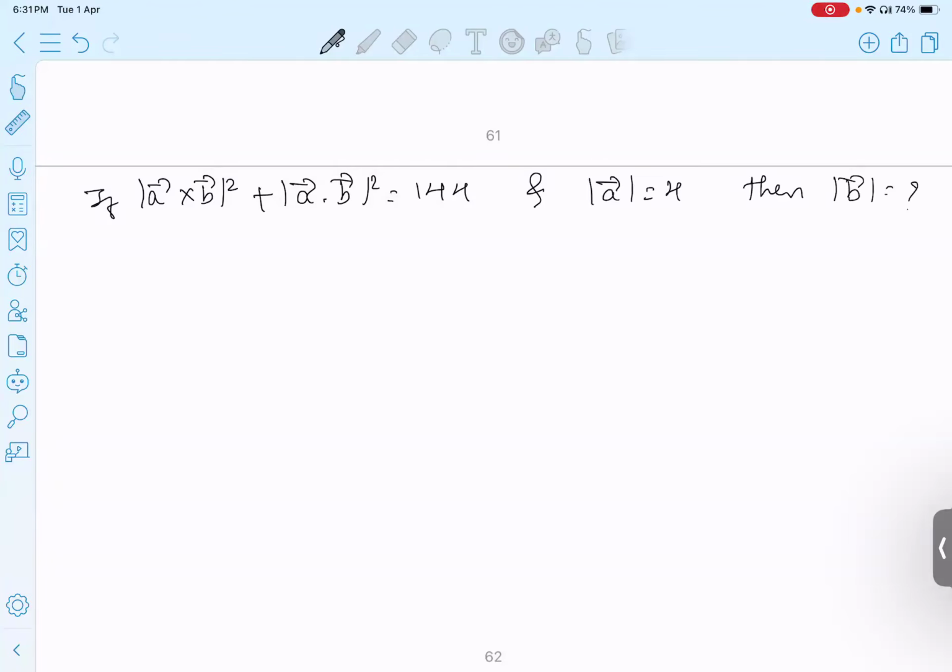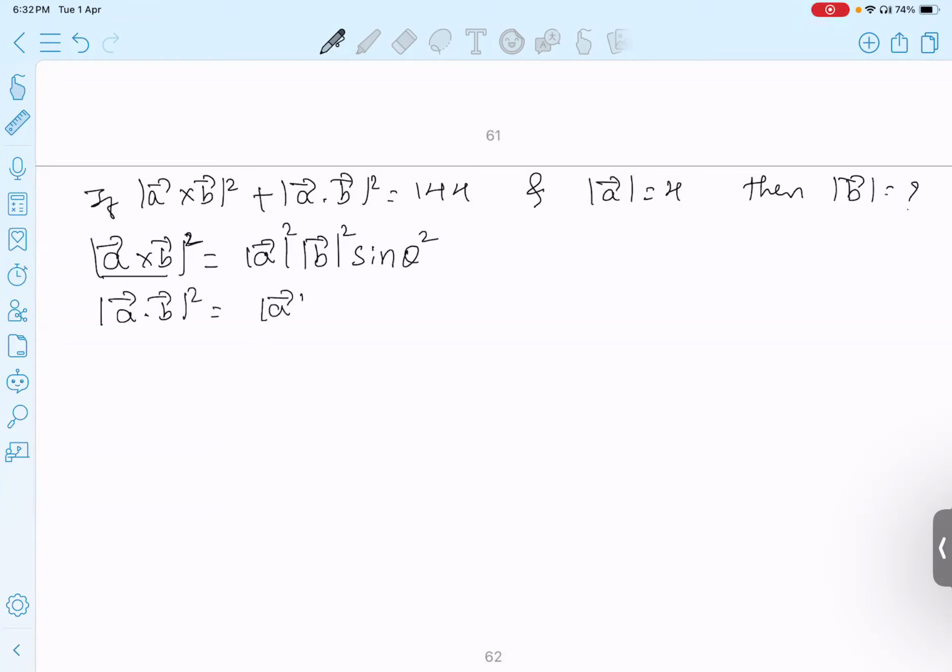Remember students, A vector cross B vector is magnitude of A vector, magnitude of B vector into sine theta. Since we have a square, we will put a square. Similarly, magnitude of A vector dot B vector square will be magnitude of A vector square, magnitude of B vector square into cos square theta.